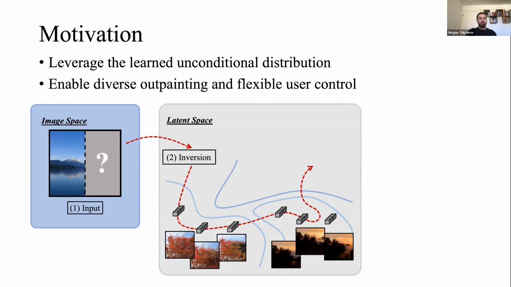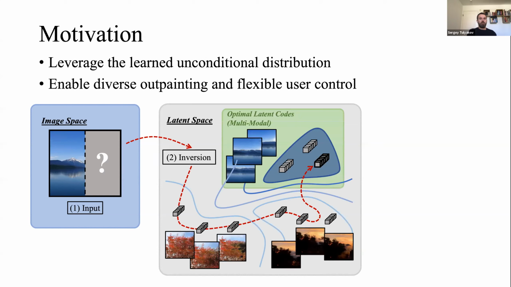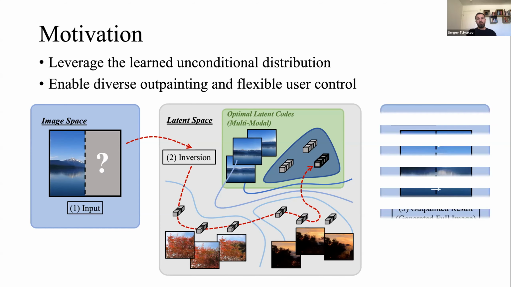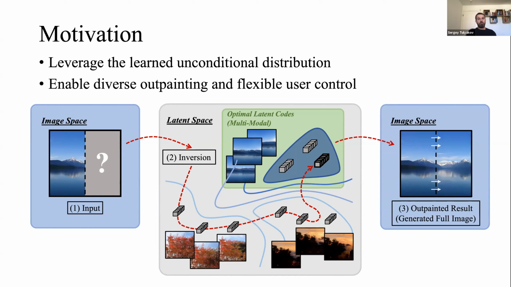We can find some area in that latent space that corresponds to meaningful extensions of that patch. We would like to find latents that first reconstruct the existing patch well, and second, produce meaningful extension. And this is how we can perform extension.